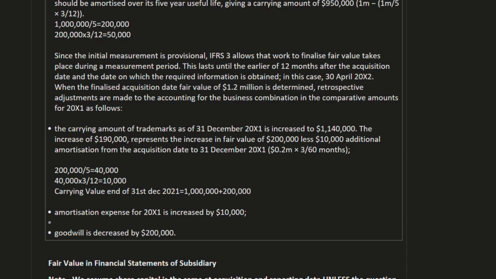So the carrying value will become 1.2 million. Now the amortization: first we have 50,000 on the 1 million carrying value. Again we have 10,000 amortization on the increased carrying value of 200,000. So the total amount you can calculate will be 1,140,000.